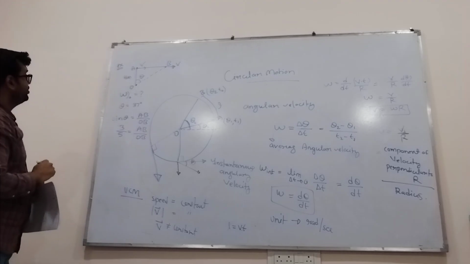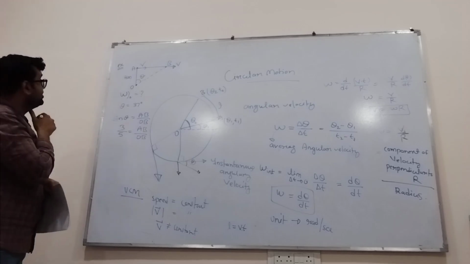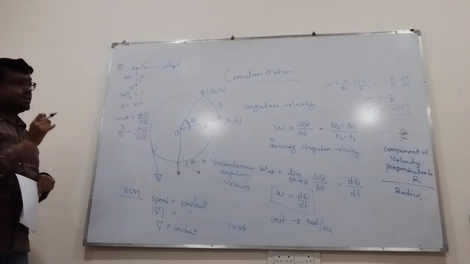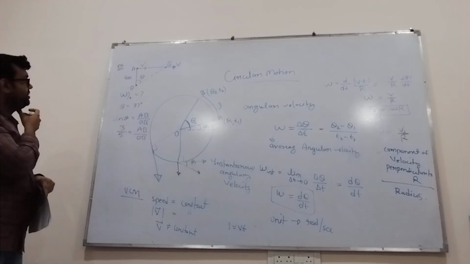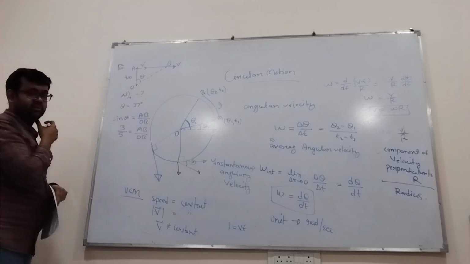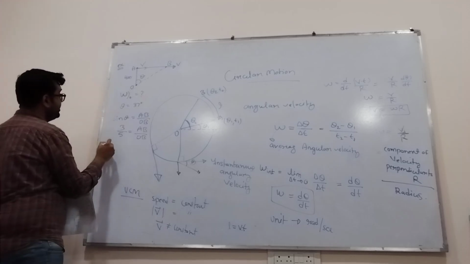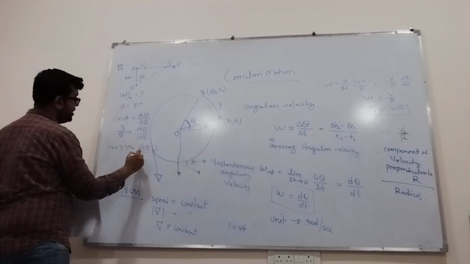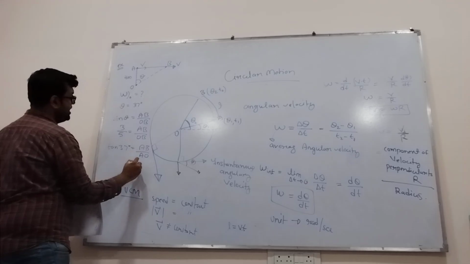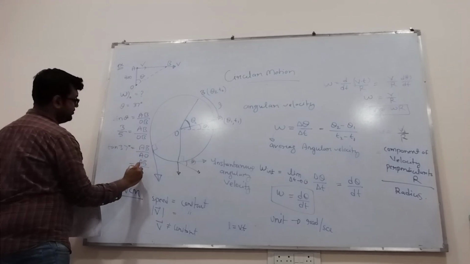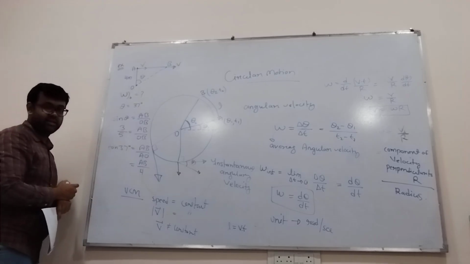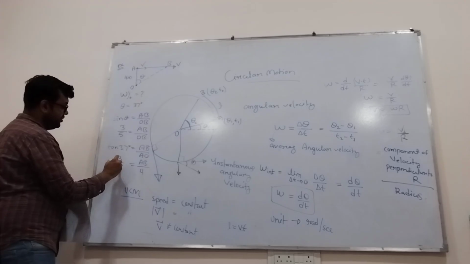So for that, what can we do? We can also apply the tan theta. Tan theta, directly we will get the AB. So tan theta is AB upon AO. AO we know that is 4, and tan 37 degree will be nothing but 3/4.